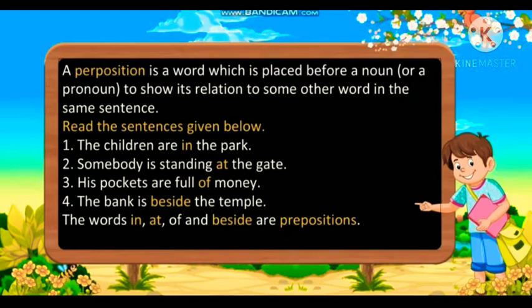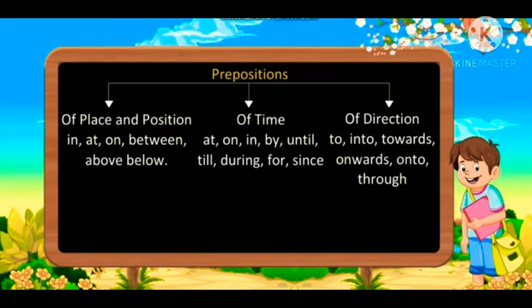For example, in is placed before park, at is placed before gate, of is before money, beside is before temple. So you can see all these prepositions are usually placed before a noun or a pronoun and they always show us some relation between the noun and the other words present in the sentence.